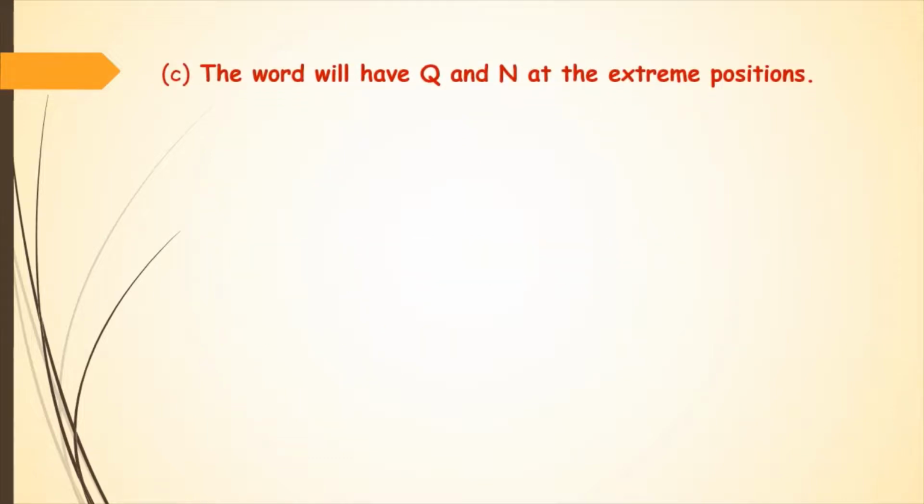Question number C. The word will have Q and N at the extreme positions. So there is slight difference in question number B and question number C. In question number B, we wanted Q at the first position and N at the last position.